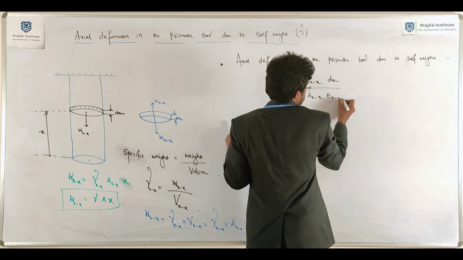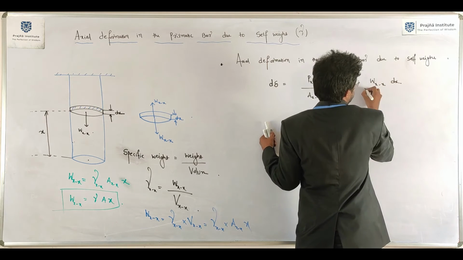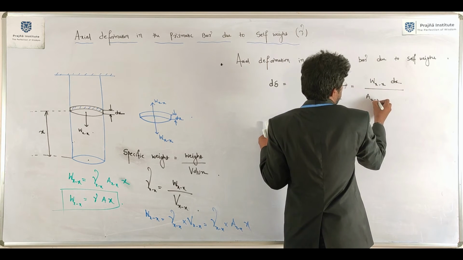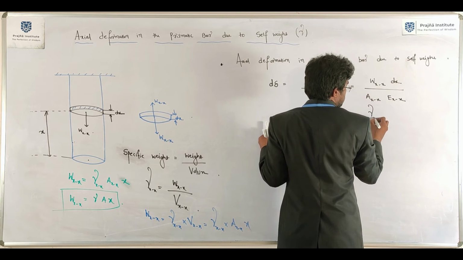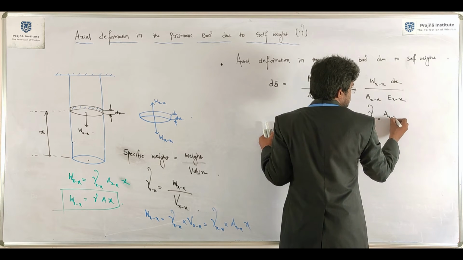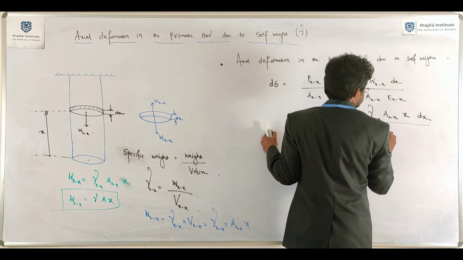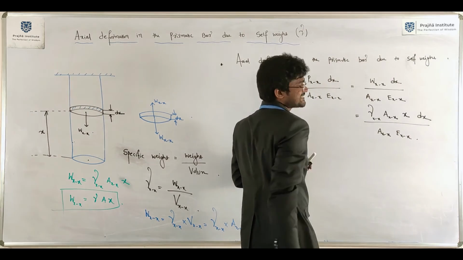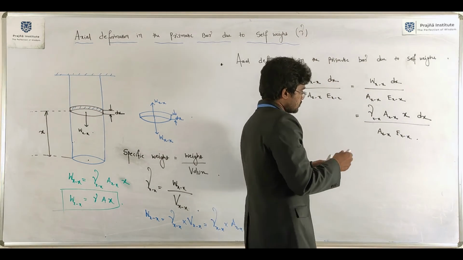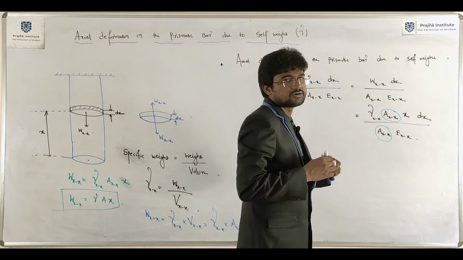Ax Ex. Here we need to replace Px with Wx dx by Ax Ex. Wx is nothing but gamma x Ax into x dx by Ax Ex. So these two cancel out; Ax and Ax cancel out.